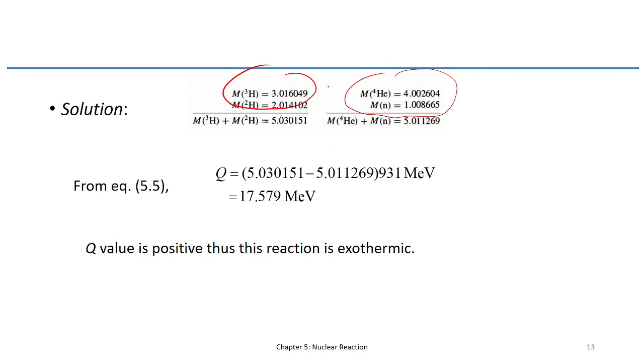Tritium is around 3, deuteron around 2, helium around 4, and neutron around 1.